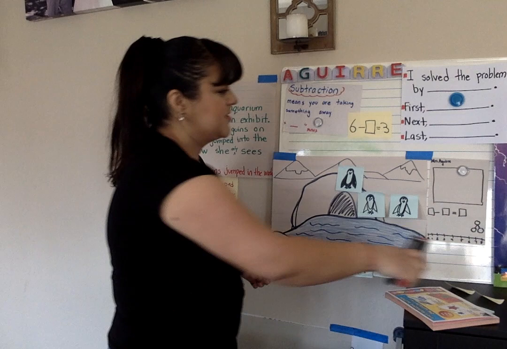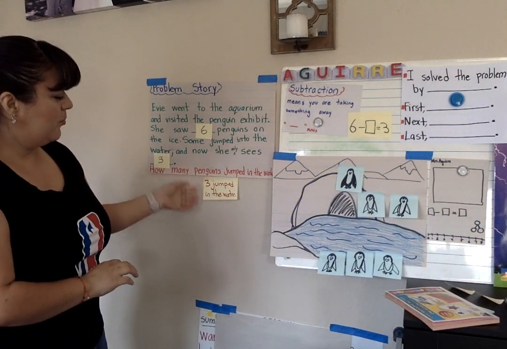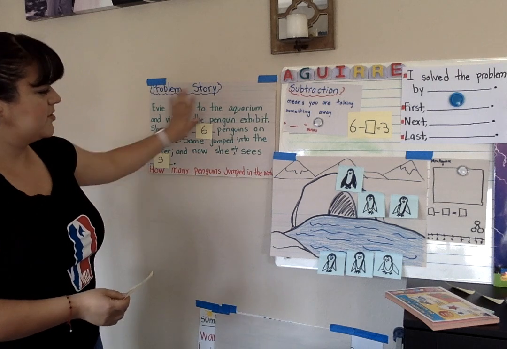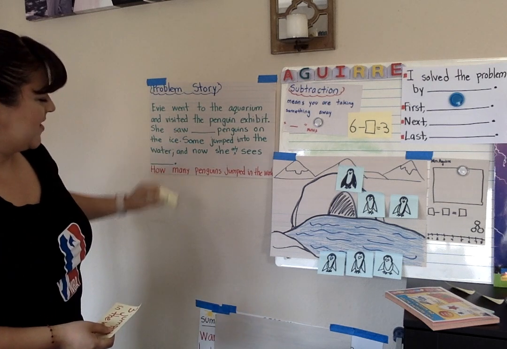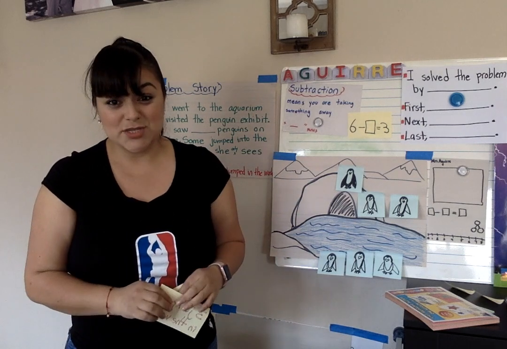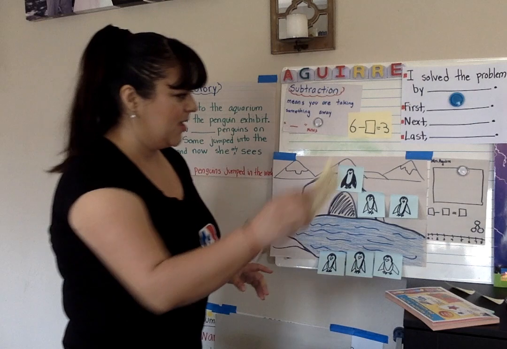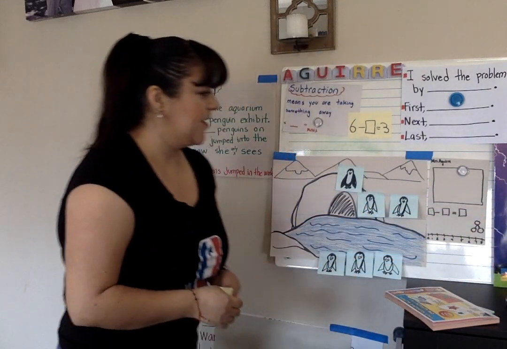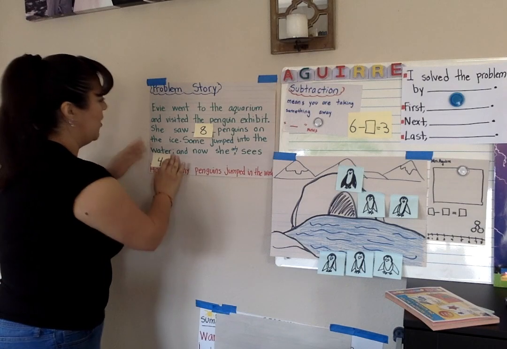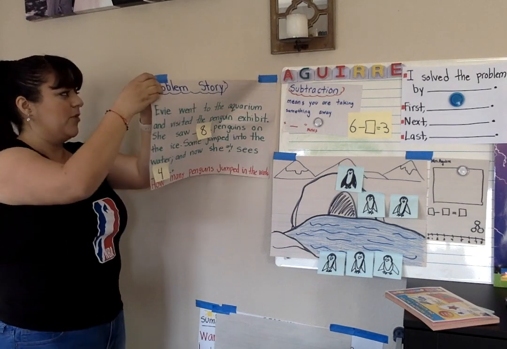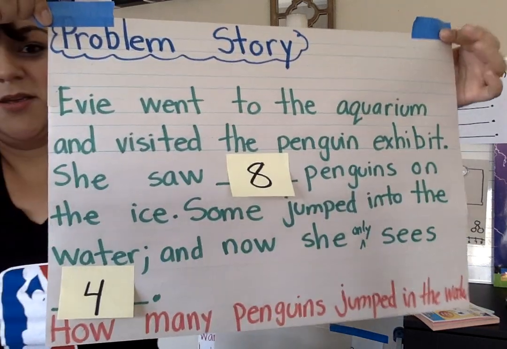So today, your job will be to solve your own problem. You'll use the same story but different numbers. Because I know you mathematicians up there can do it on your own. So, for today, para hoy, your work at home problem story is this.